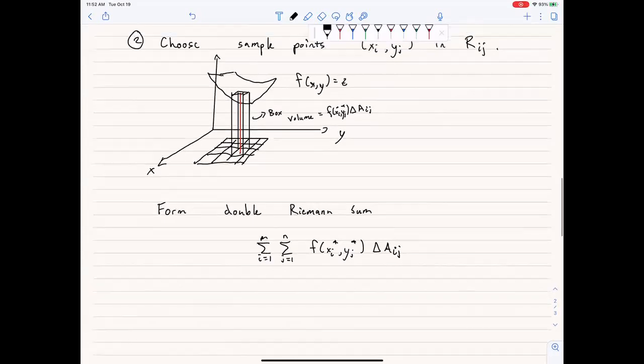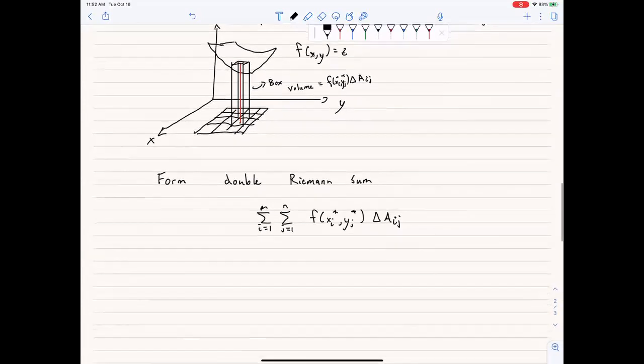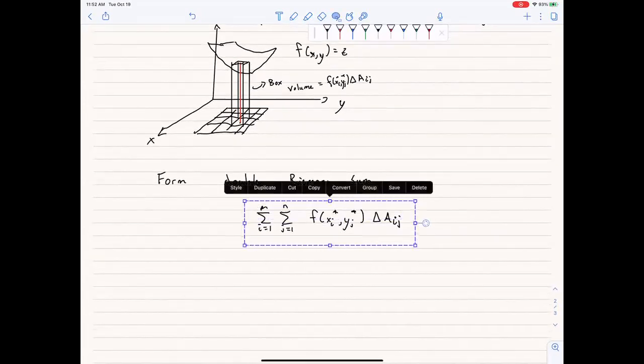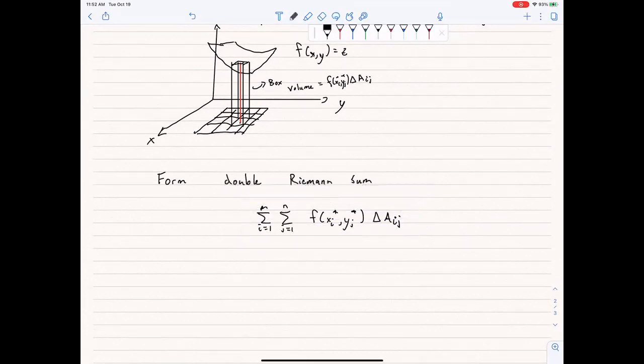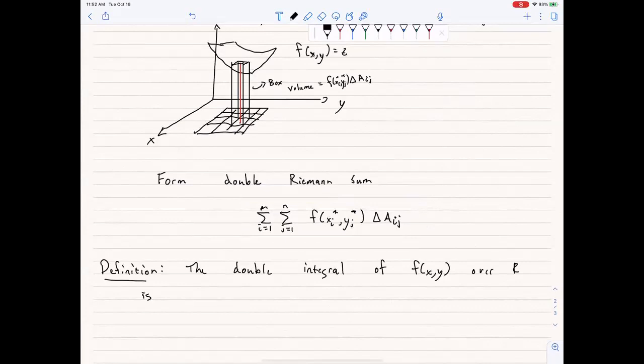But we want the exact answer, and if we want the exact answer, we need to make the definition. And the definition is as follows. Definition. The double integral of f over R is precisely this limit.